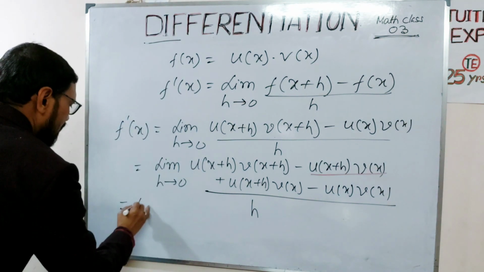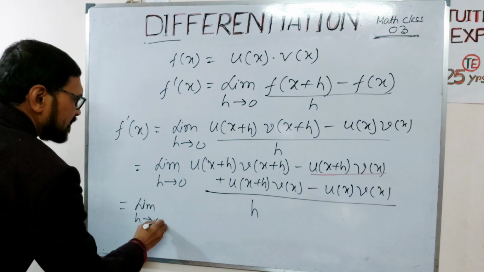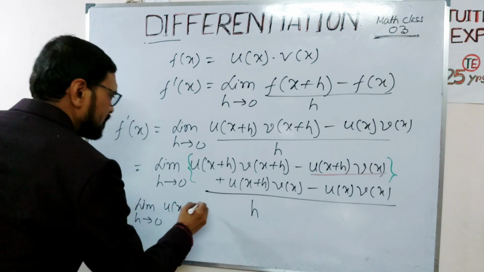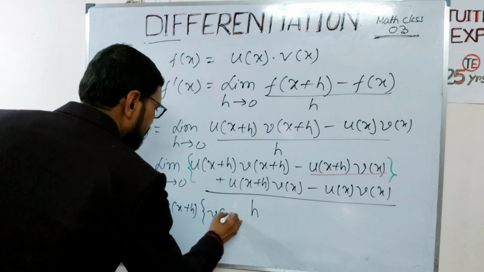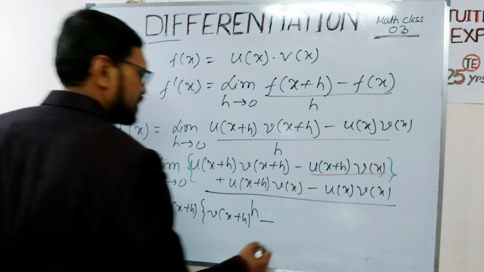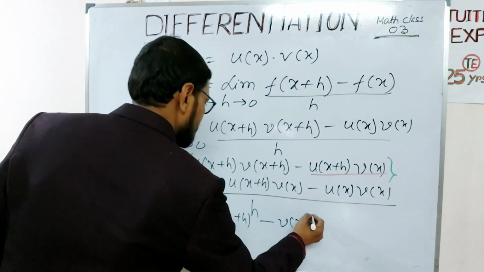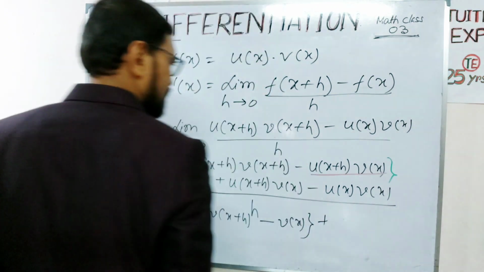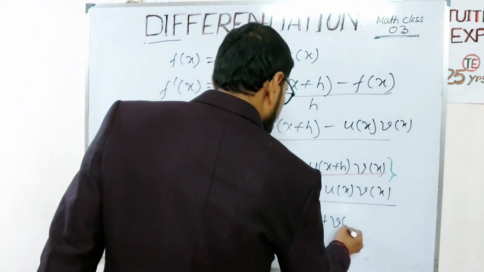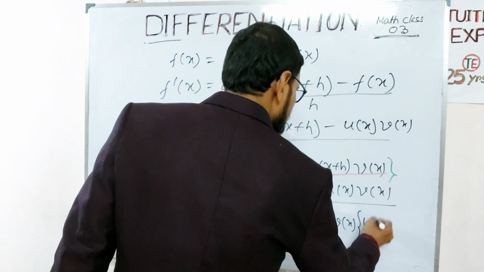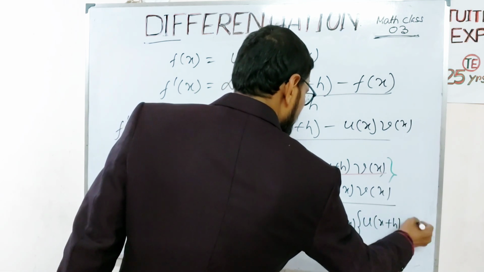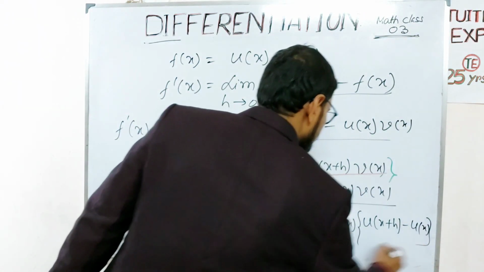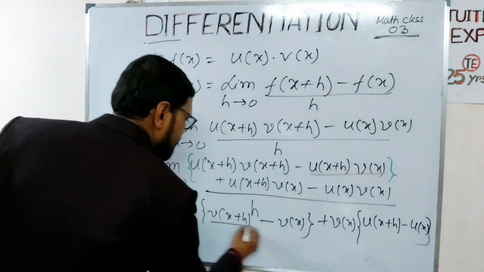Now take common u of x plus h from this, this becomes v of x plus h minus v x. Plus, if you take common v x, u of x plus h minus u x, divided by h.